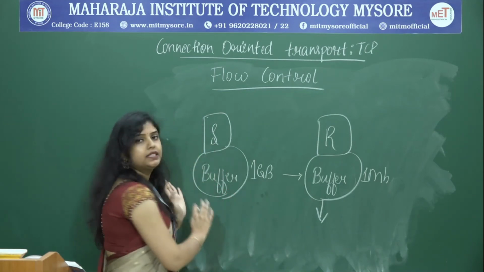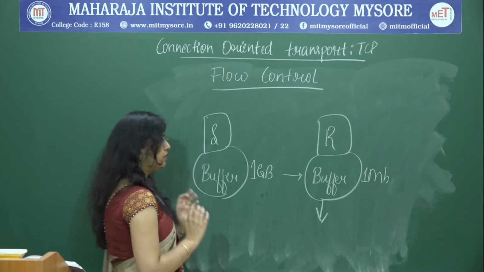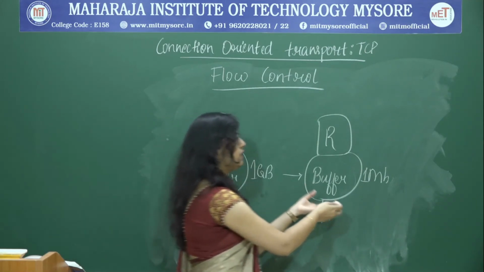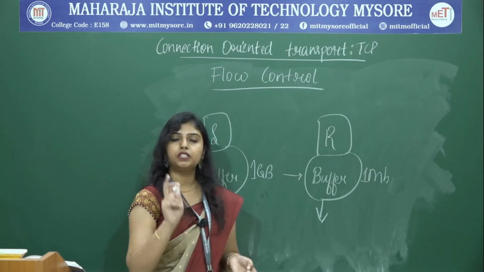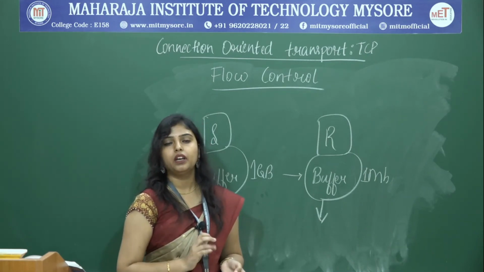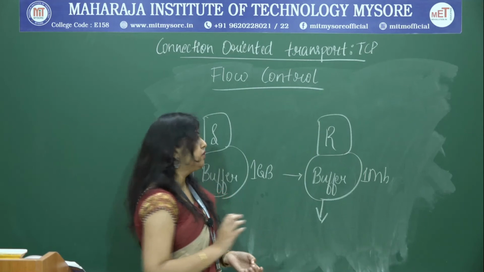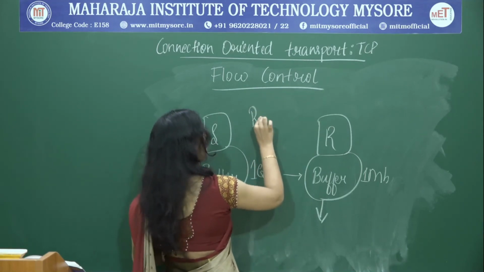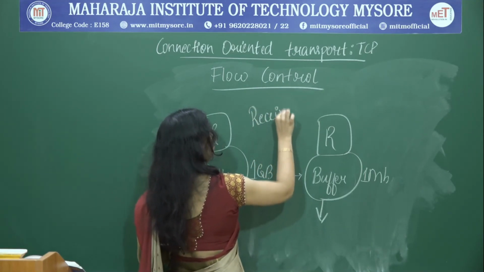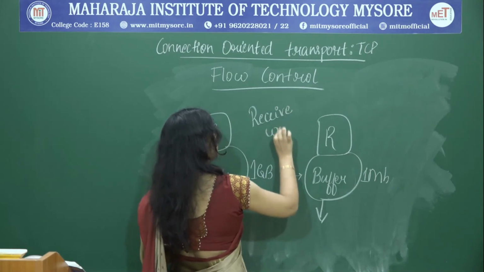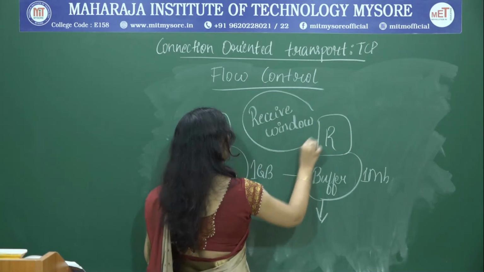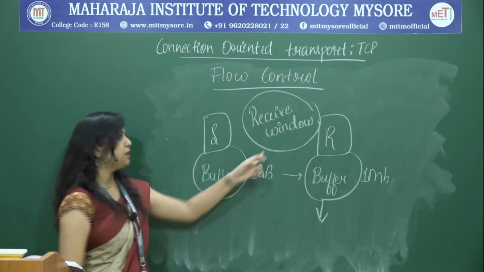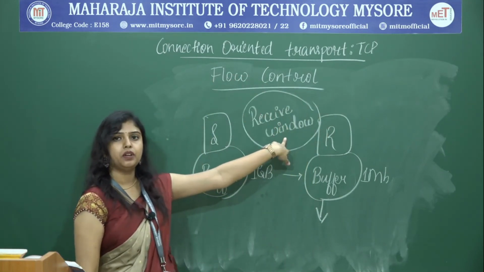That is why, while sending the message, we have to know how much the receiver is able to receive. That is why we use a special field in the TCP segment. You might remember, we use a field called receive window.